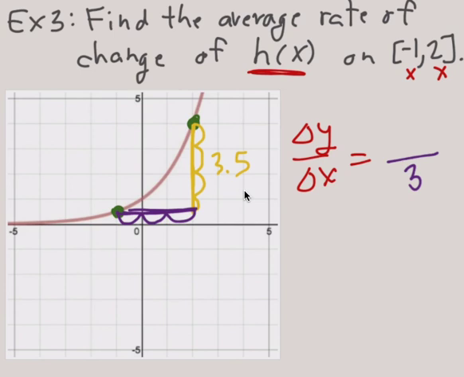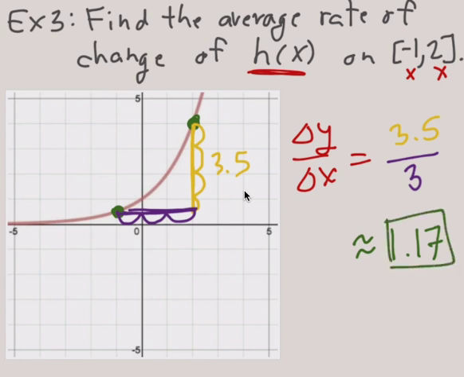So I end up with 3.5 divided by 3. All right, for this you could just pull your calculator out. Let me do that. 3.5 divided by 3 gives me approximately 1.17.